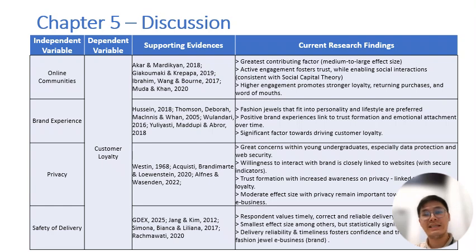And this will be the detailed discussion. In fact, all the supporting evidence is supported based on the current findings. We're going one by one.